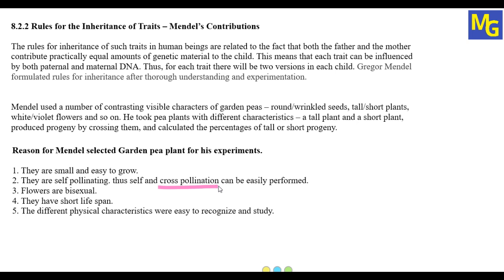which is easy for the experiment. Then, this plant has a short lifespan. After crossing, when we want to see the new individual, it can easily be seen because its lifespan is very short. So that is one of the reasons. And the fifth reason is that the different physical characteristics were easy to recognize and study.